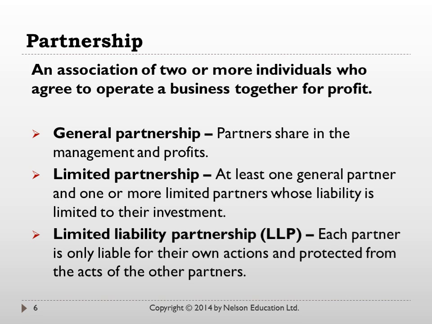There may be one or more limited partners in a limited partnership. Those limited partners cannot participate in the management of the business. So they contribute capital, they contribute money or investment into the partnership, but they do not participate in the management of the business or making operating decisions of the business.